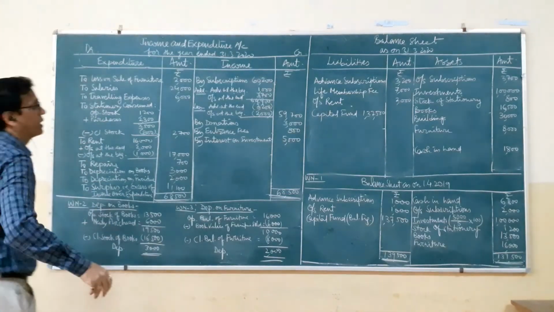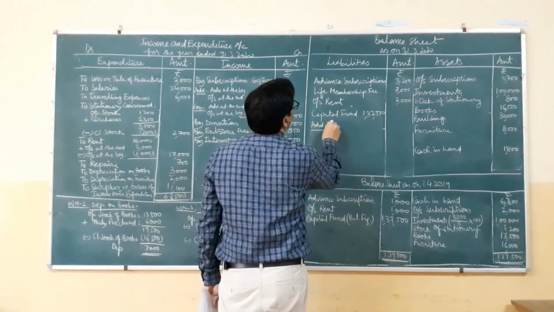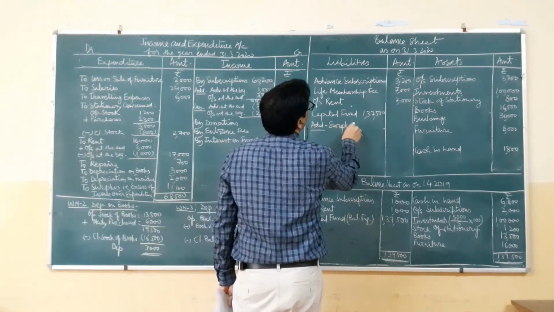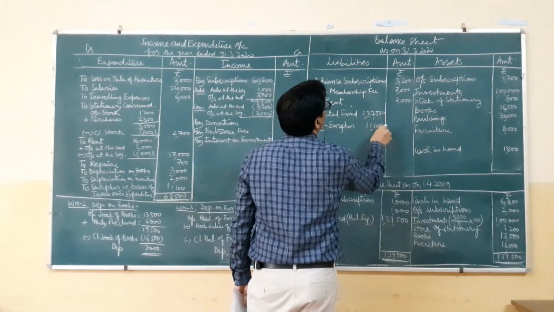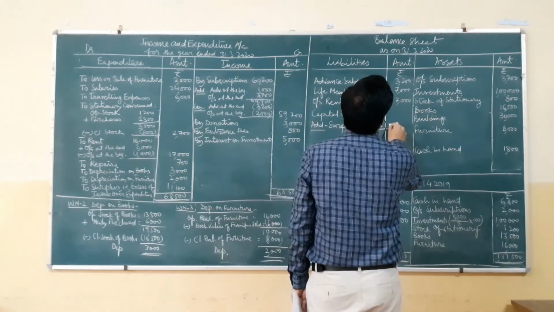This surplus we will add to the capital fund. So it becomes 148,600.